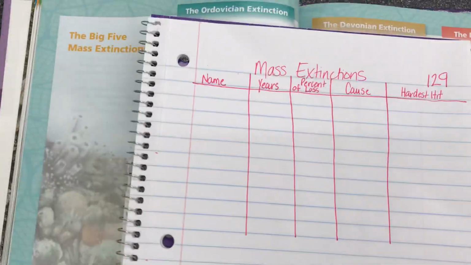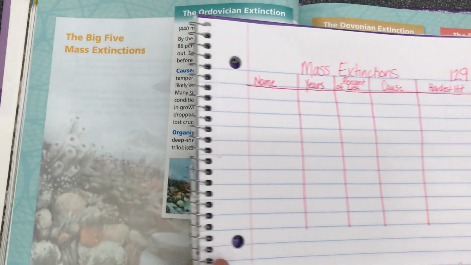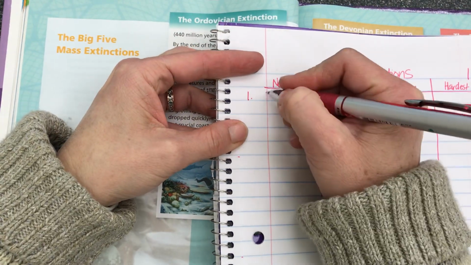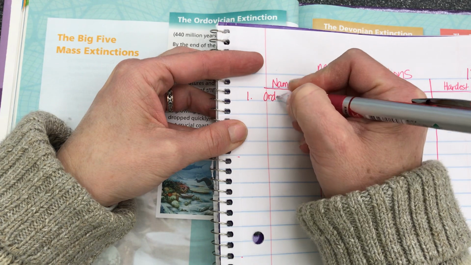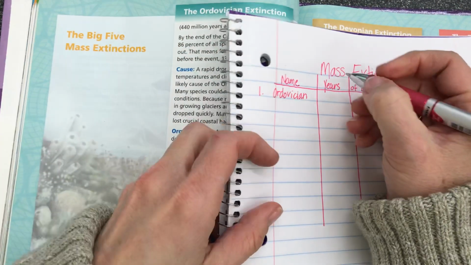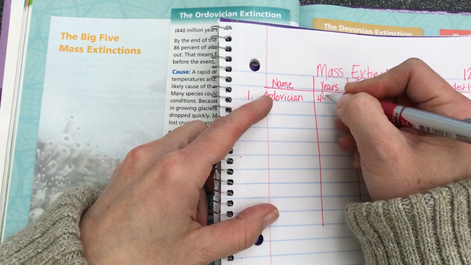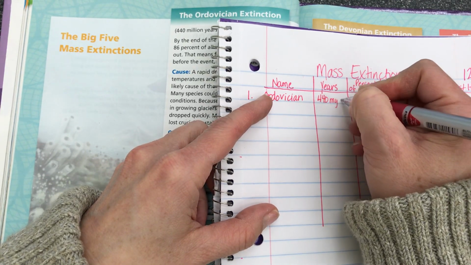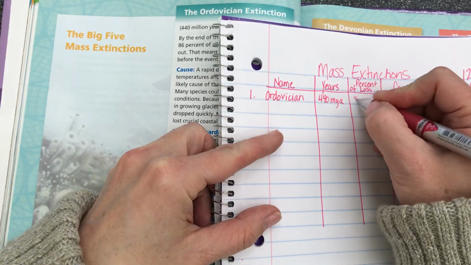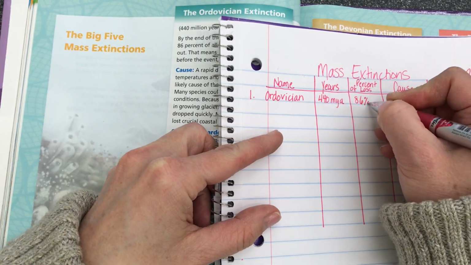Okay, so let's go ahead and go back to our data table and fill out some of this information. So the first major extinction was the Ordovician. It happened 440 MYA, million years ago. We lost 86% of all species.